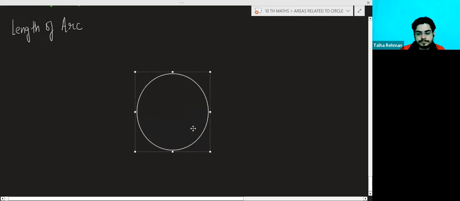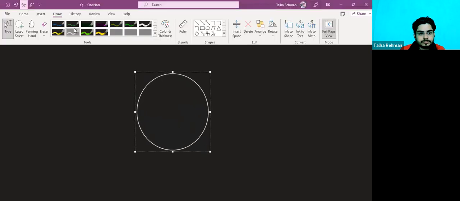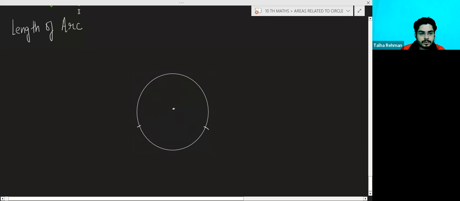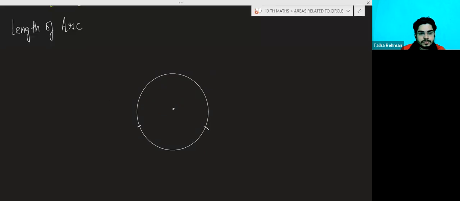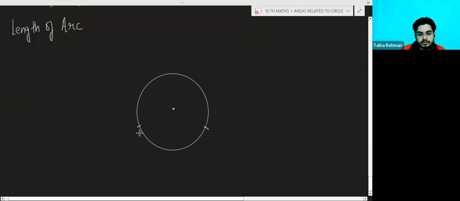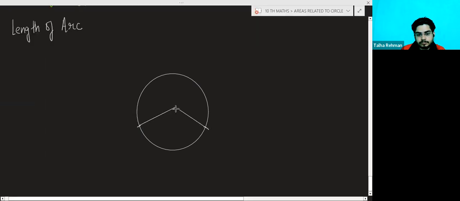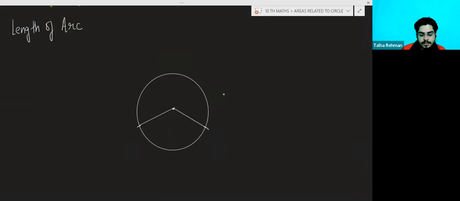This is a circle, and this is supposed to be an arc, and this is the center of the circle, and the end points of the arc are like this. These endpoints are making an angle theta, and this is a radius, and this will also be a radius.